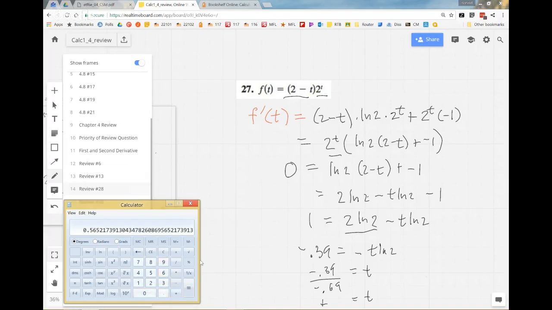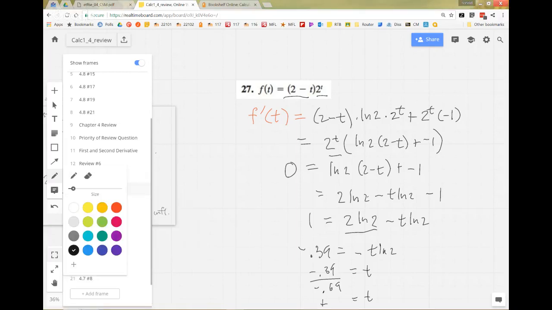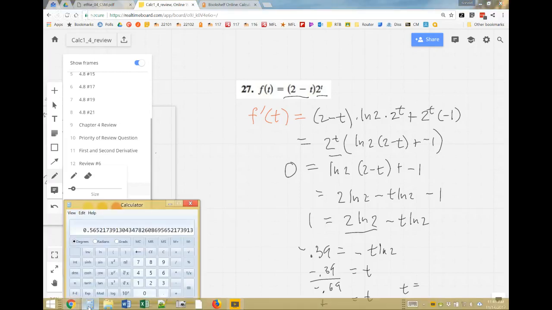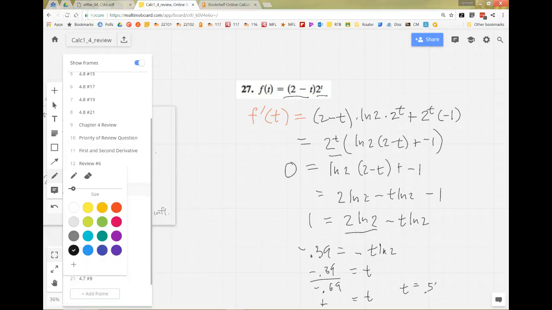So t equals 0.57. So that's when the derivative equals 0.